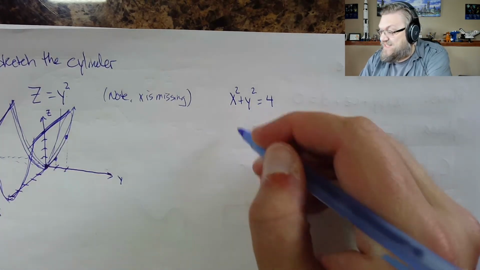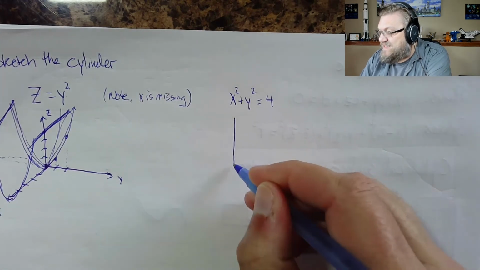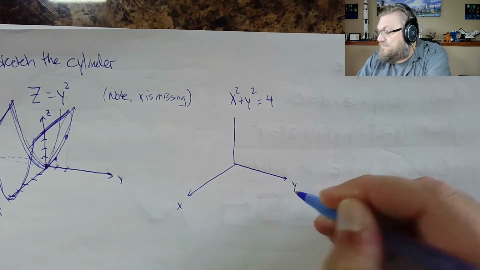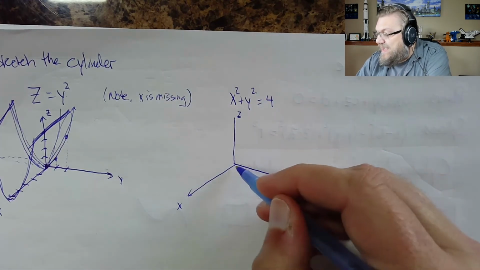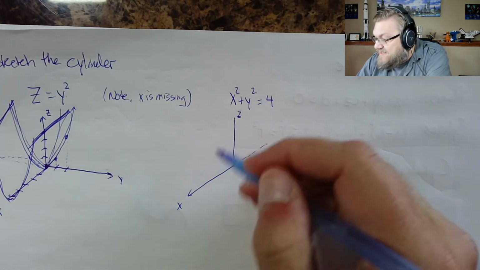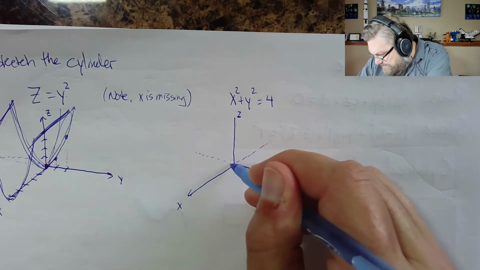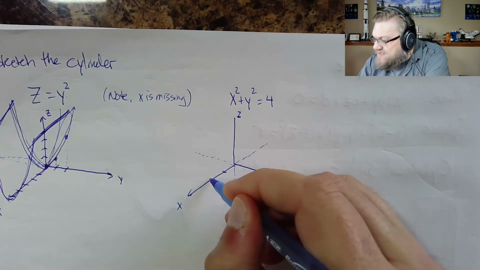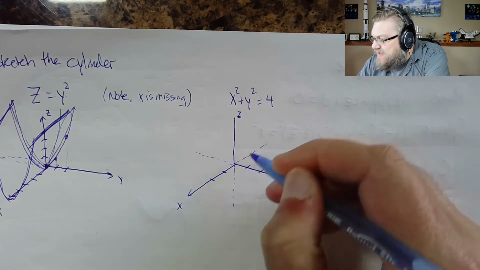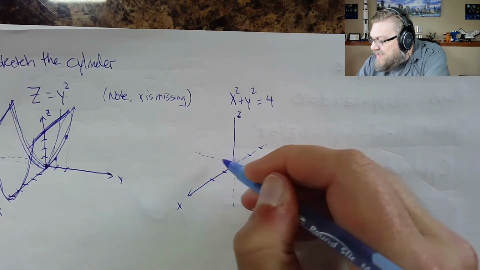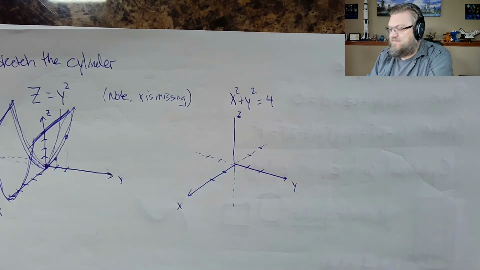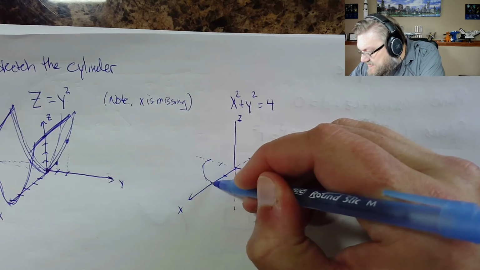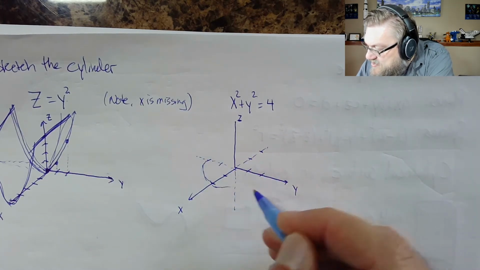So to draw something like this, I might draw my axes like this, and put both sides there. And so I do 1, 2, 1, 2, 1, 2, and then 1, 2. And I go ahead and do a rough sketch of a circle, but in perspective.